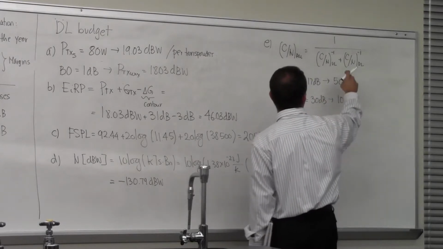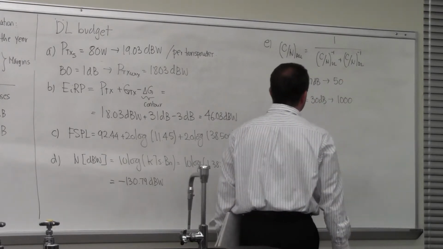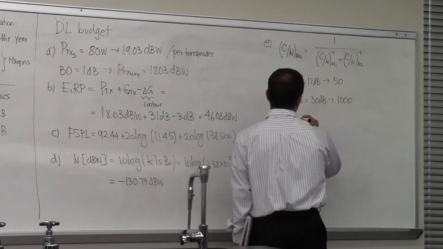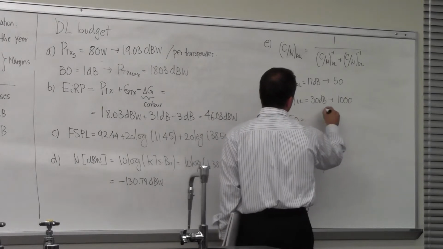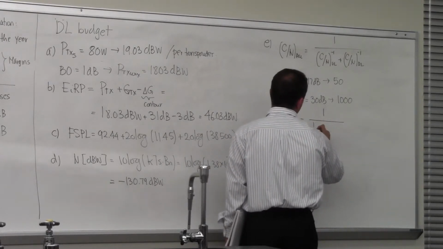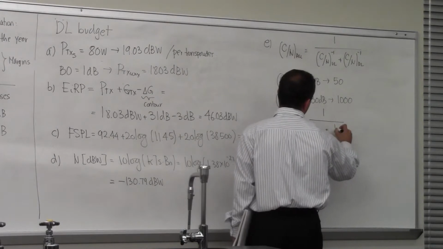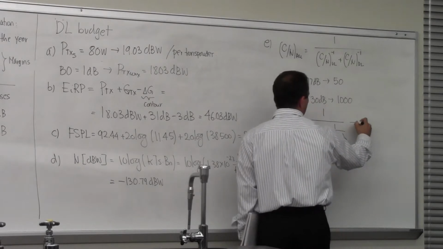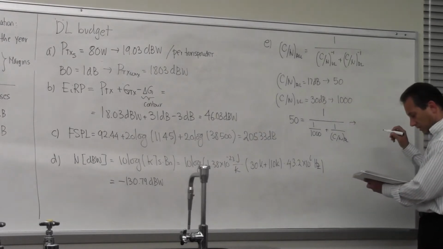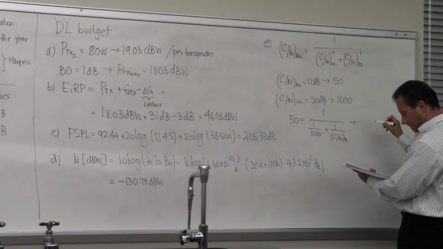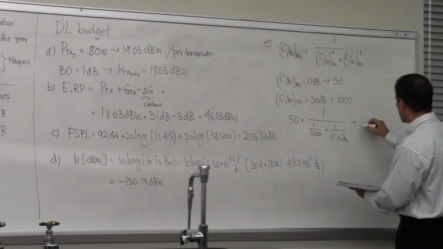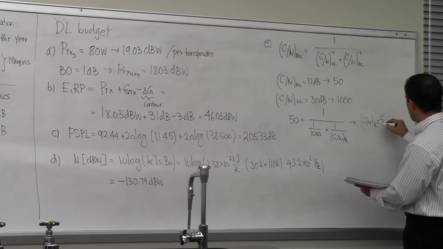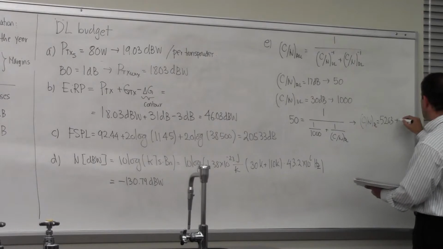So I need to actually calculate how much of a C2N on the downlink I need, and I'm just going to substitute in here. So I have 50 has to be equal to 1 over 1000 plus 1 over C2N. And then from here, we calculate easily C2N downlink is going to be 52.63, which is 17.21 dB.